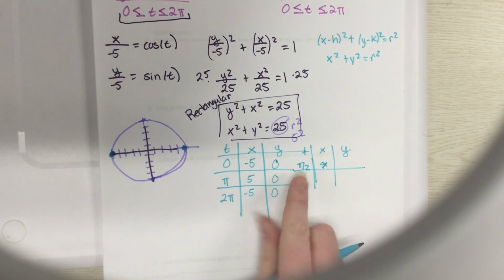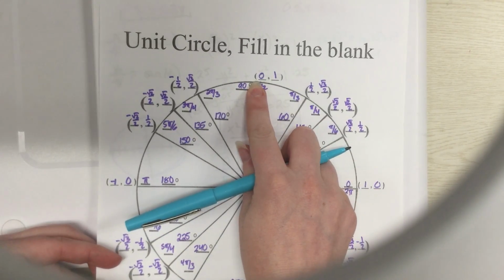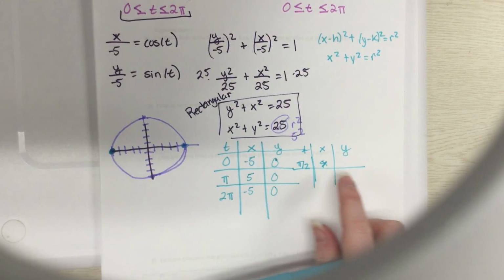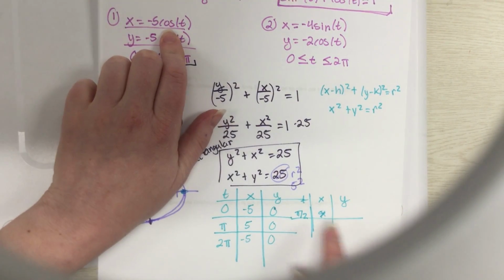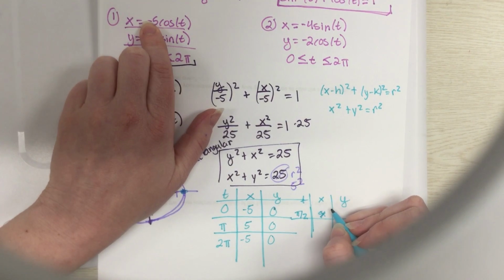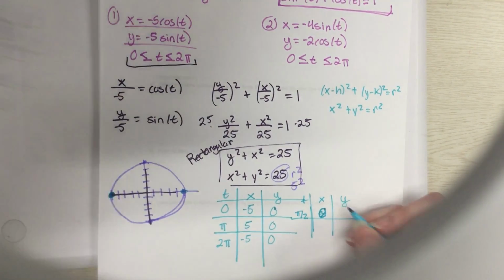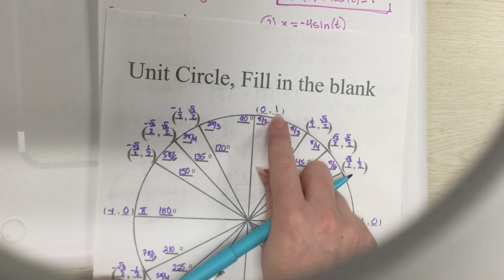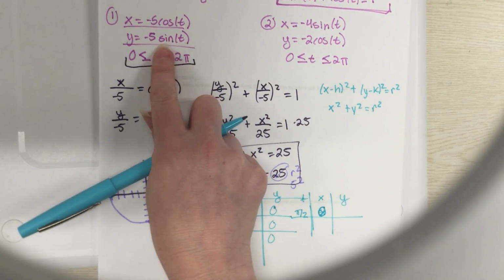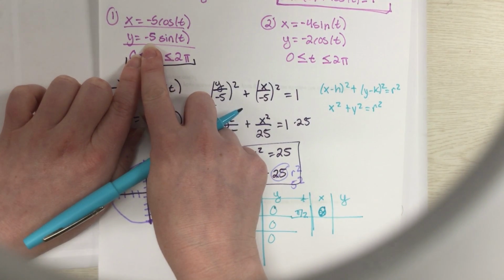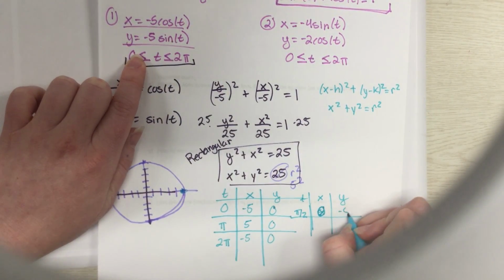At pi over 2, my cosine value is 0. So I plug that in, and 0 times anything is still 0. At pi over 2, sine is a +1. So -5 times a +1 is -5.